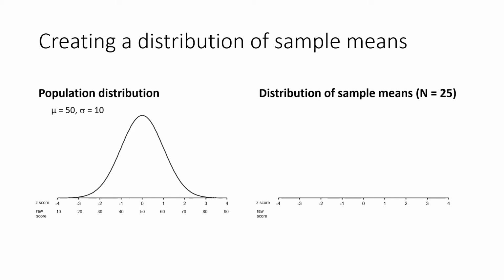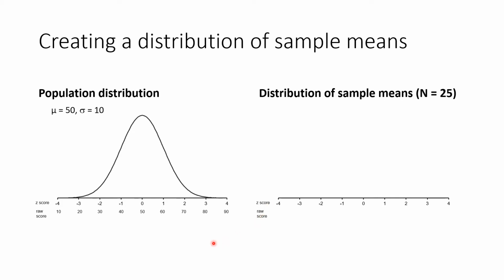The Central Limit Theorem allows us to predict the important characteristics of the distribution of sample means without having to go through all of the trouble that it would take to build it. But I do want to show you all of the trouble we would have to go through to build a distribution of sample means so that you can understand it and also really appreciate the importance of the Central Limit Theorem.